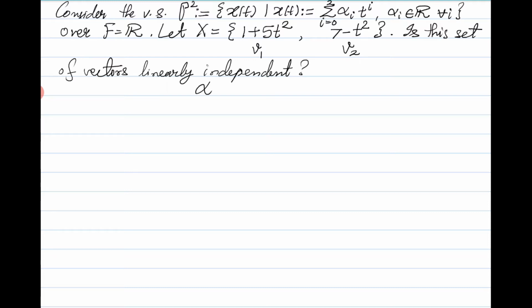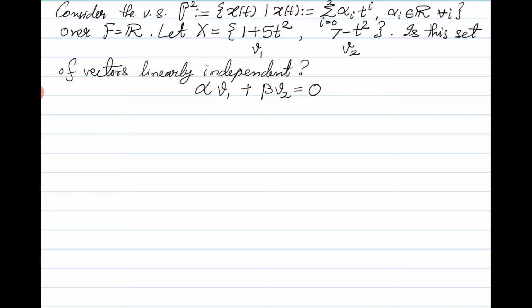Consider a scalar alpha from the field of reals and a scalar beta from the field of reals. Take this combination alpha v1 plus beta v2, equate it to 0. Now we have to solve for alpha and beta. If the solution is such that alpha and beta have to be 0, then we can conclude that the vectors v1 and v2 are linearly independent.